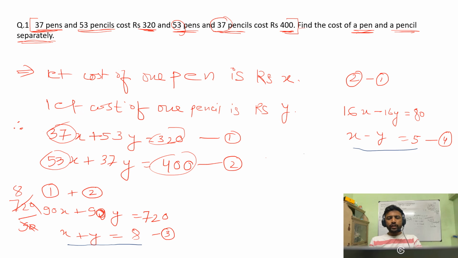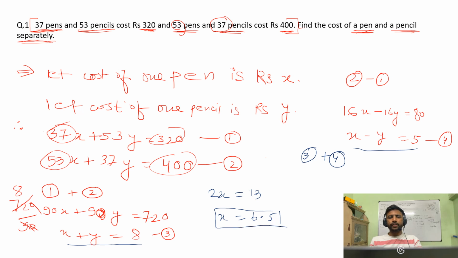So if I do 3 plus 4, y will get cancelled. 2x is equal to 8 plus 5, 13. So x is equal to 13 upon 2, which is 6.5.